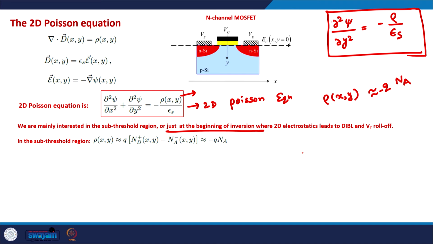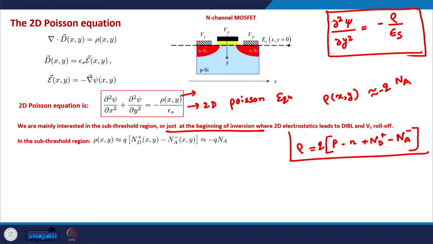In general, this rho is actually q times the charge due to holes minus the charge due to electrons plus the charge due to ionized donors minus the charge due to ionized acceptors.